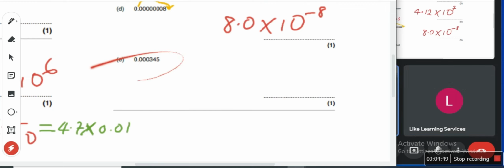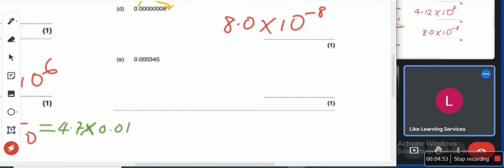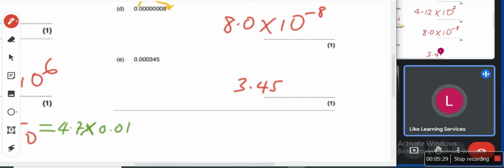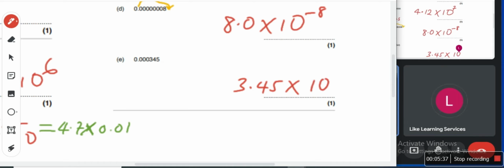E. All right, let's go for E quickly. E says 3.45 times 10 raised to the power minus 4, correct?